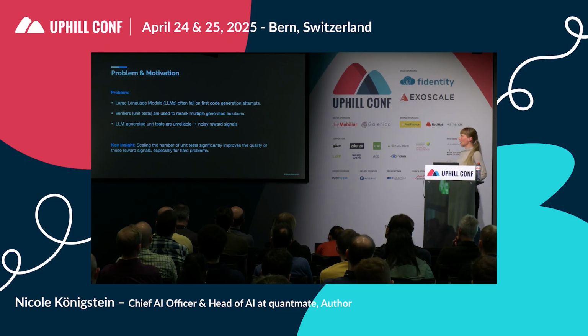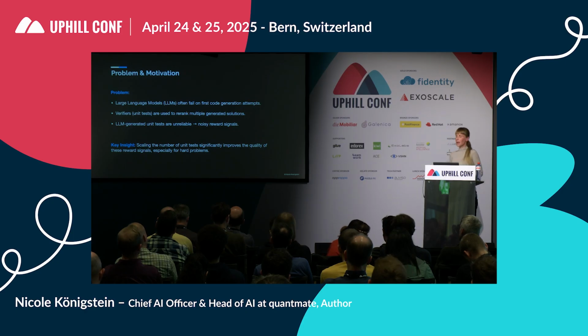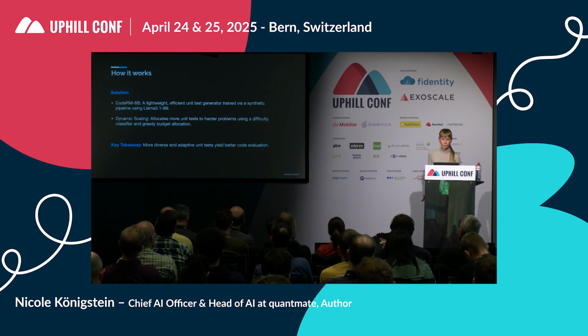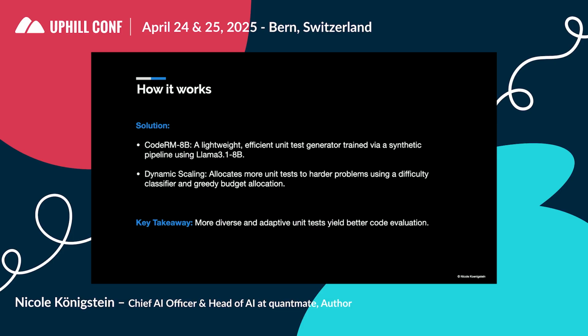So basically, the key here is that when you scale the number of unit tests significantly, it improves the quality of these reward signals, especially for hard problems. They developed a lightweight model as a unit test generator, trained on a synthetic pipeline, and they also used dynamic scaling.